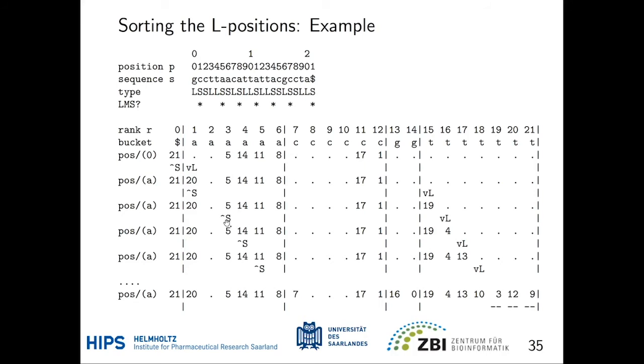We move down again, and now we are looking at the position preceding position 5, that is position 4. It is again an L position, so we put it into the right place in the bucket, in the next unoccupied position, and so on. So this is what we're going to get after we complete the scan of the suffix array.